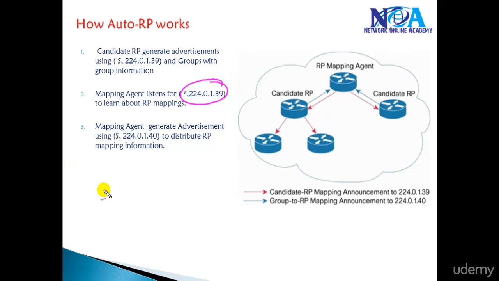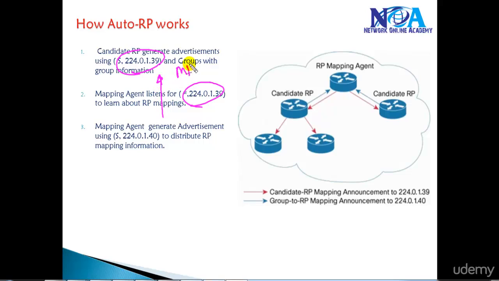The routers cannot join the auto RP groups without knowing the RP, and they will not come to know about the RP without joining these groups. It's a recursive loop where the routers have to join these addresses to listen to the information of the mapping agent, but at the same time that information is provided by the RP.